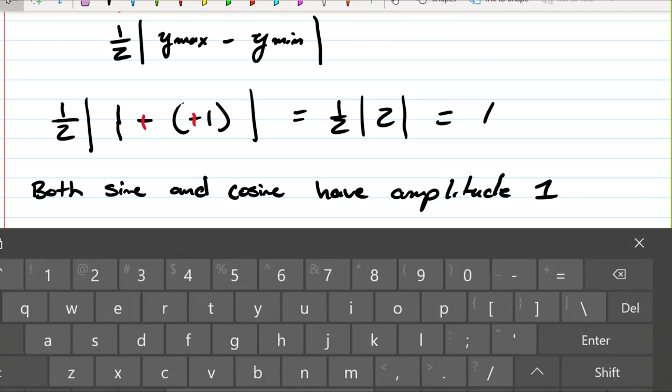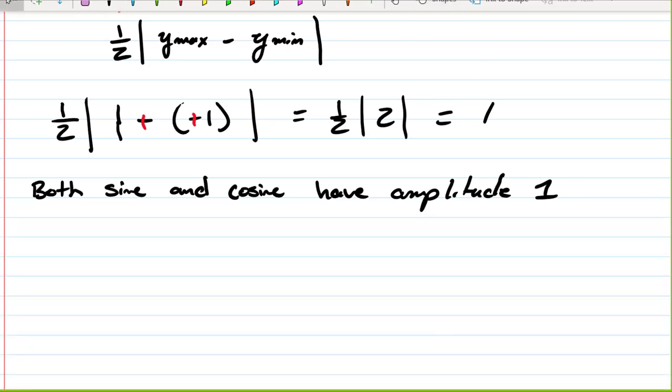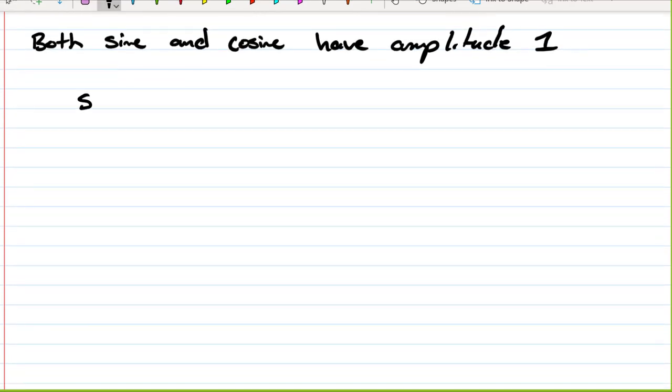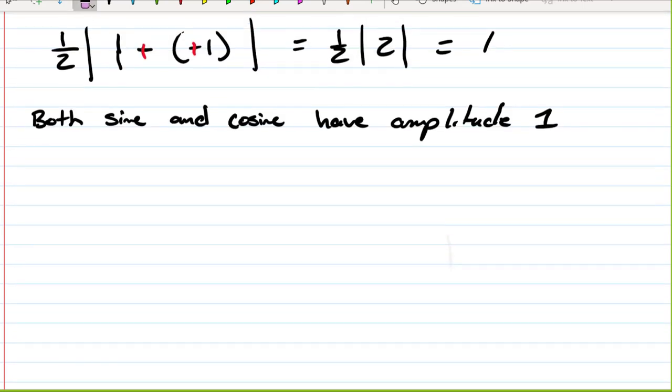So we have a few properties that we want to write down for sine and cosine in closing for this section. So we have sine theta and we have cosine theta.